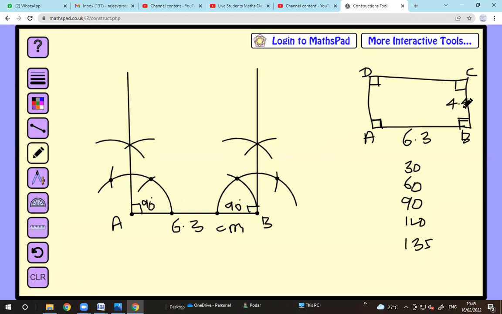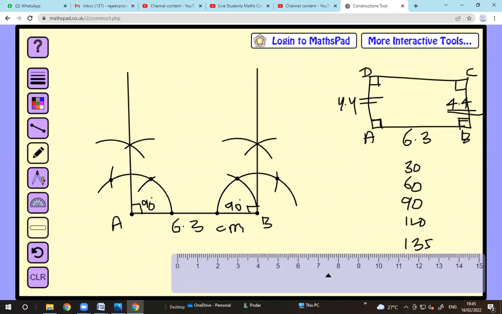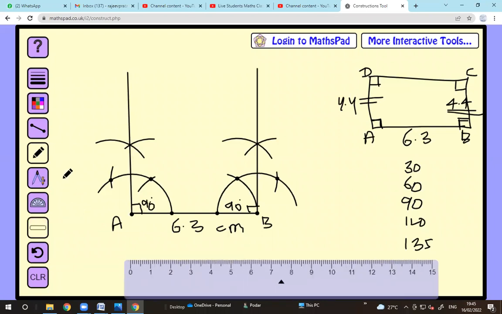Next, what is my work? This is 4.4. So this length is also 4.4 only, no? Is it okay? Yes, sir. So what is my work? Simply taking an arc of 4.4 from the two vertices without confusion.